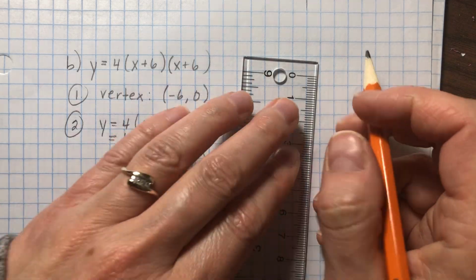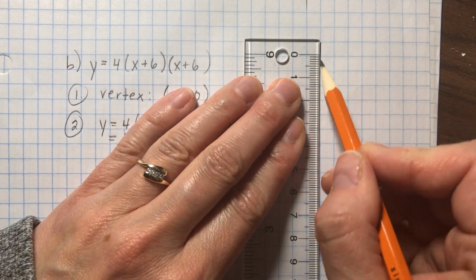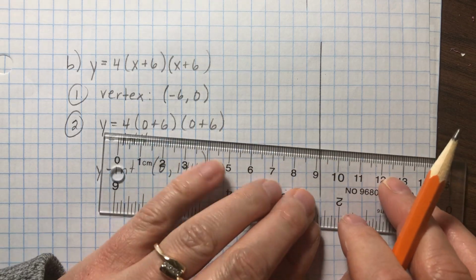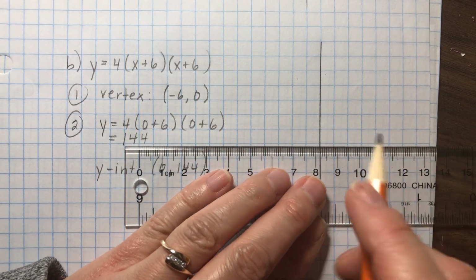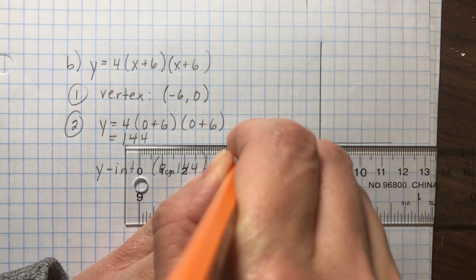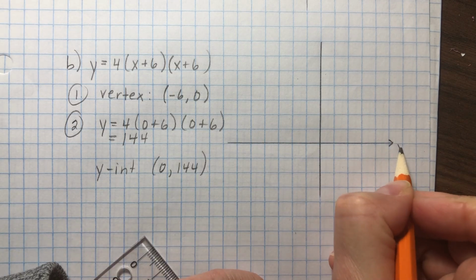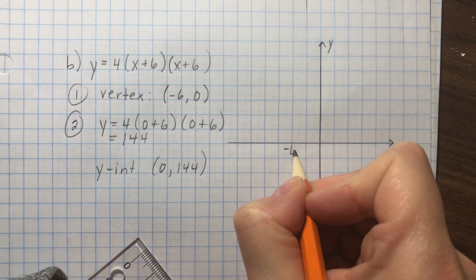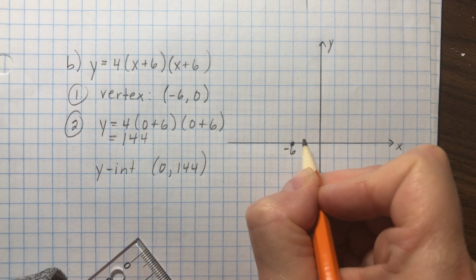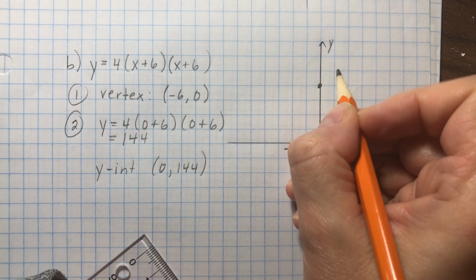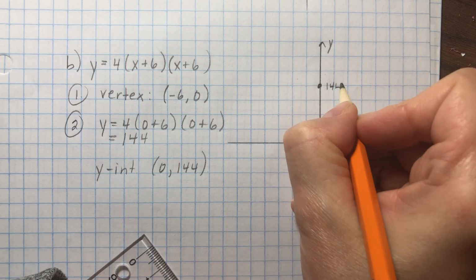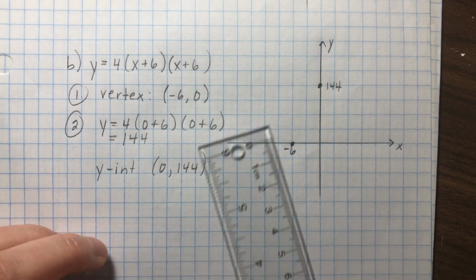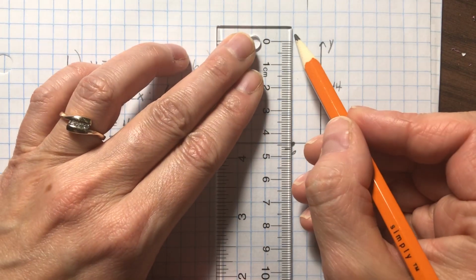Now I'm ready to graph. And this -6 here, it's my vertex. Over here at 144, that's my y-intercept. This time the y-intercept is to the right of my vertex.